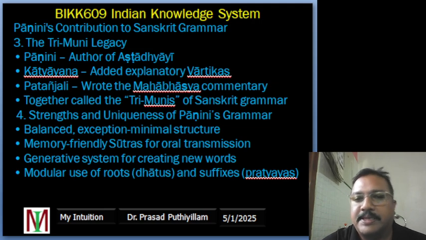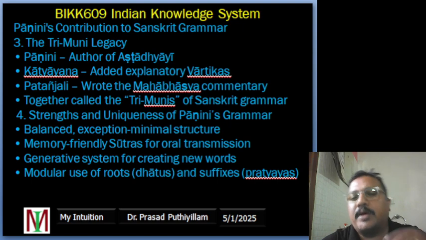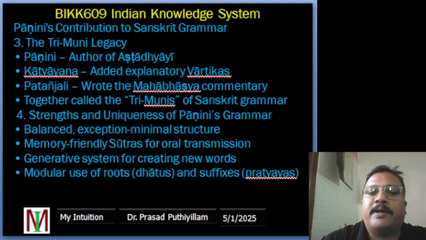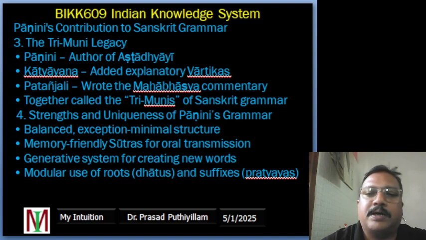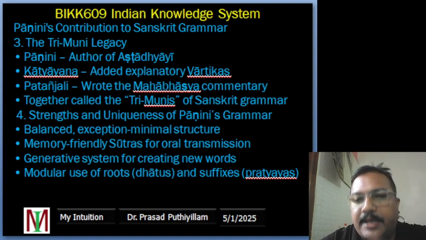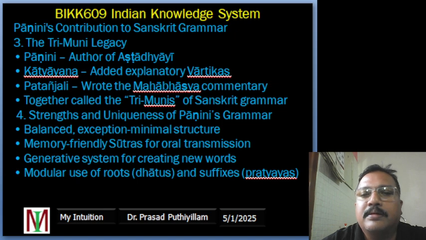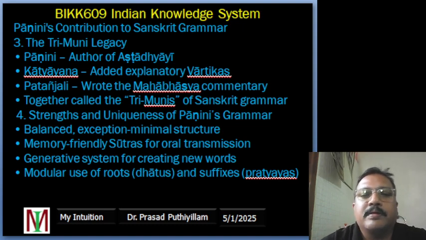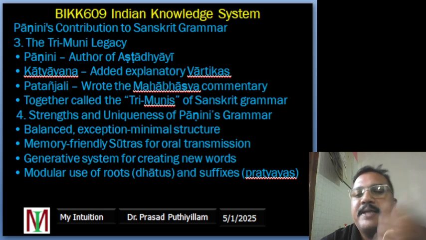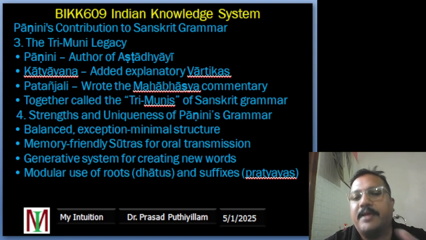After him, two other great scholars also made very important contributions. After Panini, first came Katyayana, around the 4th century BCE. He wrote short notes called Vartikas to explain some of the tricky parts of Panini's Ashtadhyayi rules.